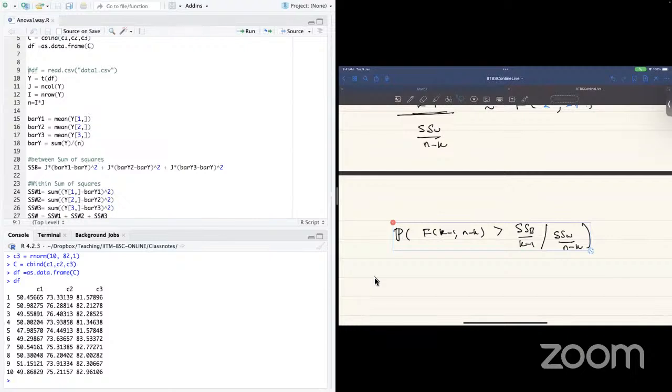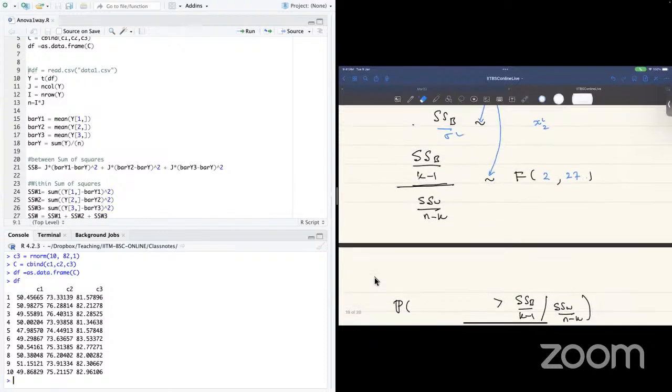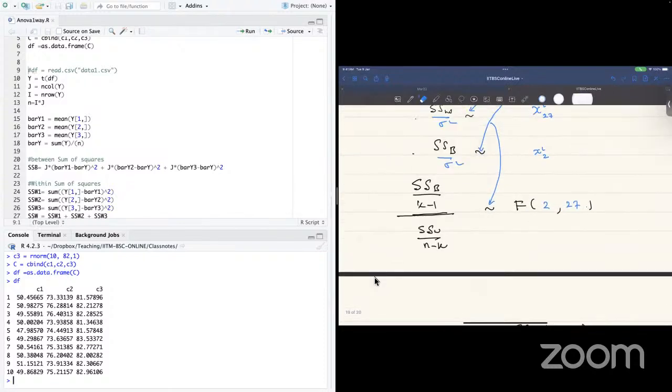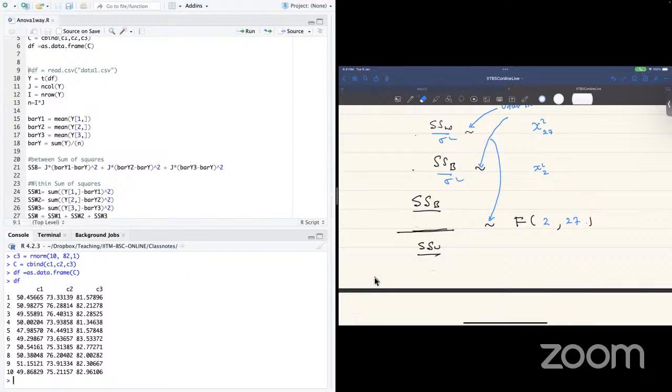I will rewrite it differently. Here k minus 1, in my case, is 2, and this is 27. So 2 and 27.